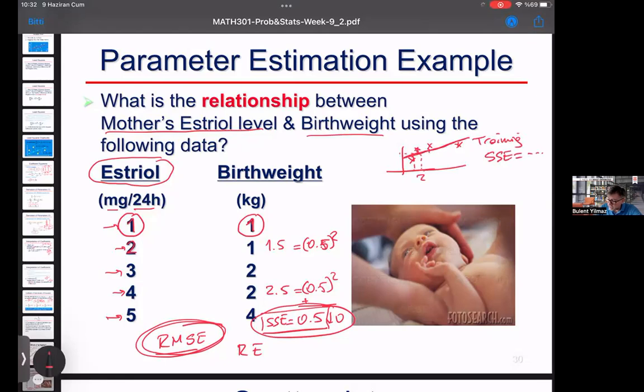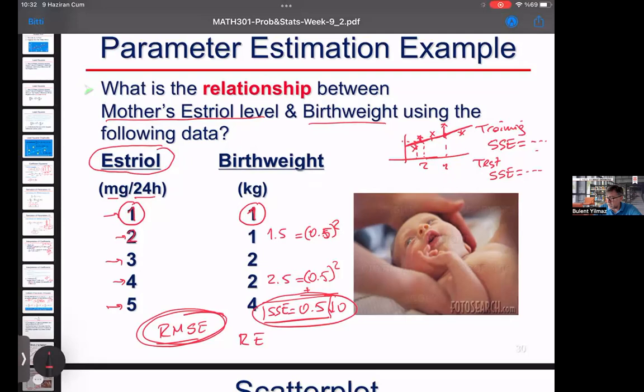So there is this error, predicted values here, actual values here. So this is going to be your error. So you're going to say my training error or training accuracy is this. My test accuracy is this, based on sum squared error or root mean squared error. Is this clear arkadaşlar?